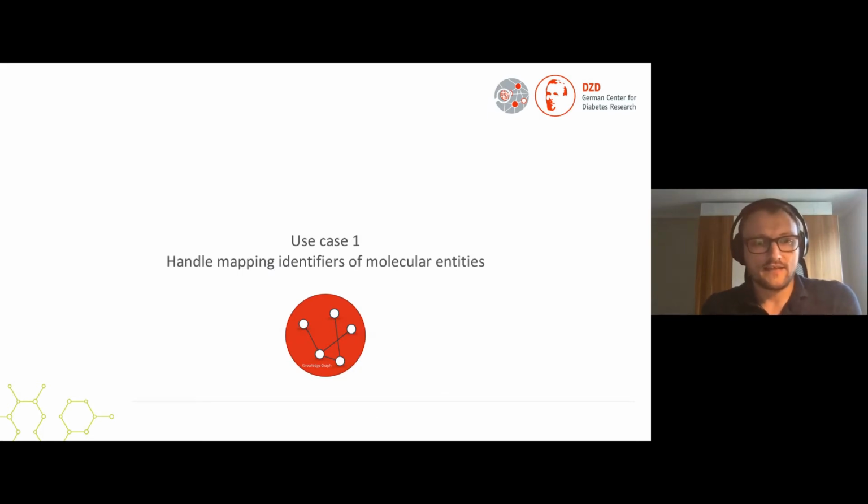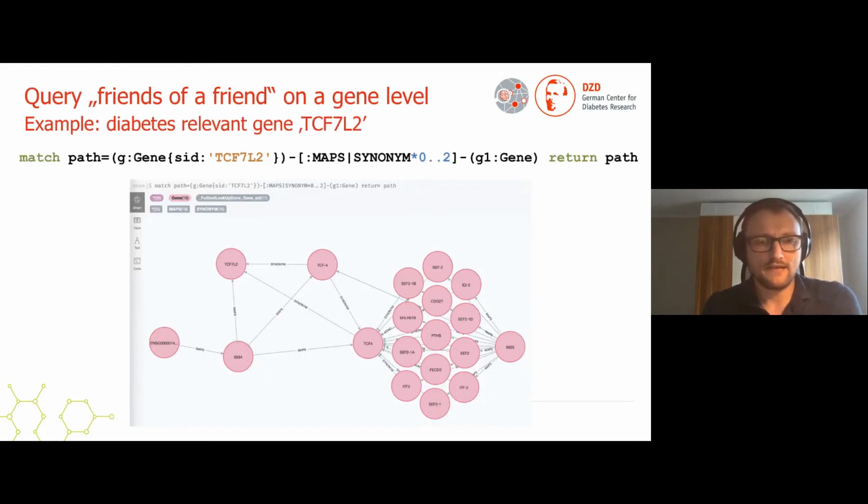Now let's go to the use cases that usually our scientists are querying. We start with the very easy ones, handling mappings of identifiers of molecular entities. Since we have many different databases integrated, and since biomedical data is very heterogeneous, people often give the same thing new names.